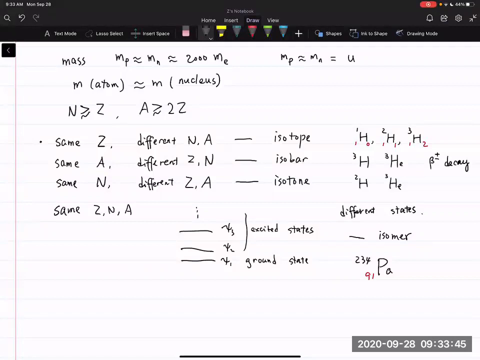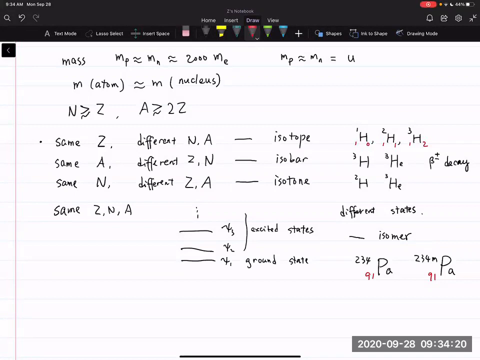Of course, for other elements, a lot of excited states are not stable, so their lifetime is short and they quickly go to the ground state. But for Pa-234, it actually has a quite stable excited state, and for that state we call it 234m. We add m to indicate that although it's the same nuclide, it is at a different quantum state. We call them isomers.